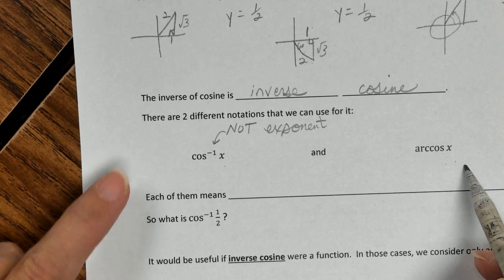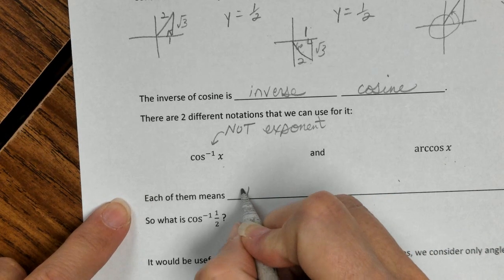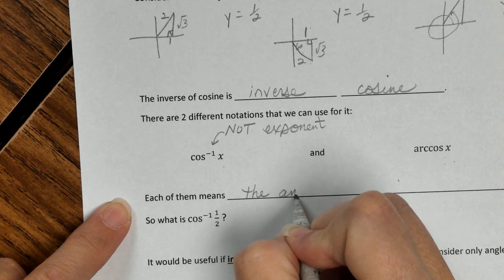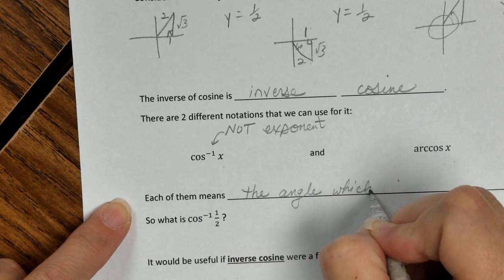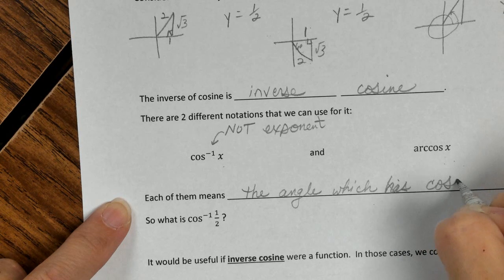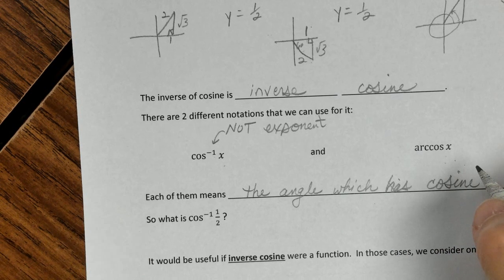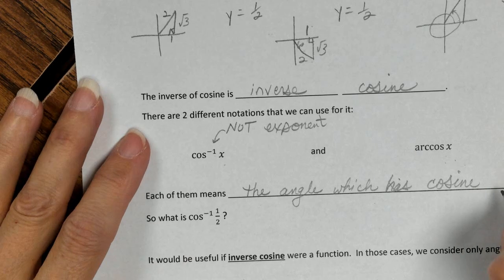Each of these things means the angle which has cosine of it equals x.